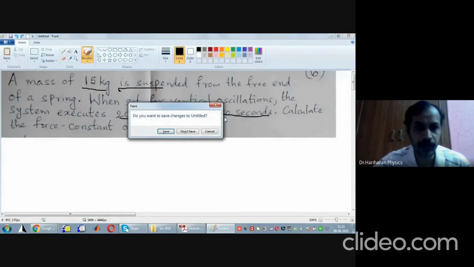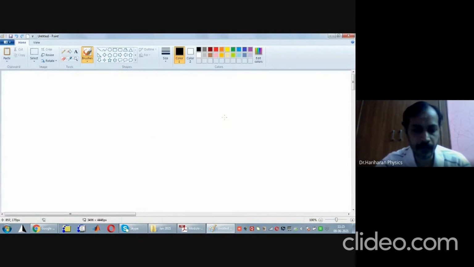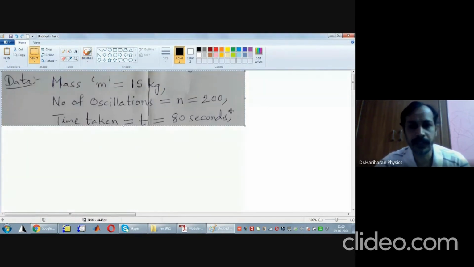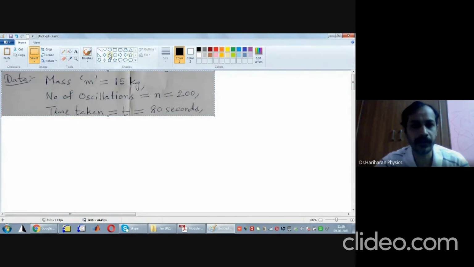I'll go for a new file. What are the things that are given to us? The mass of the object is given. What is the mass? 15 kg, which is already in SI units.